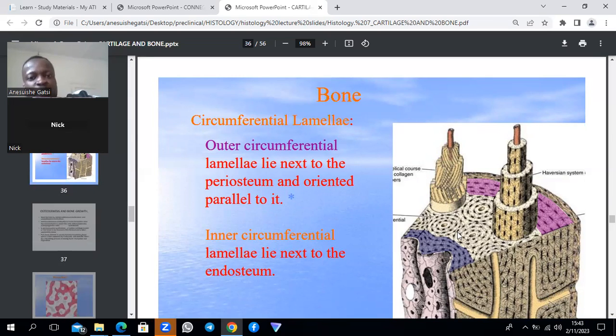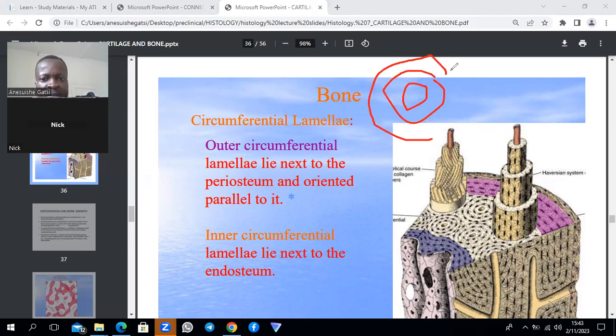So it's something like this. Let me draw. If you can see the drawing that I'm making. So it will be lamellated. So these are what we call concentric lamellae.